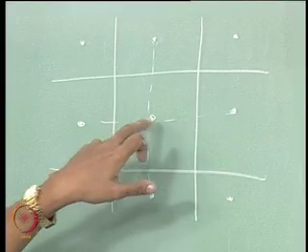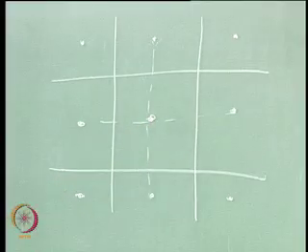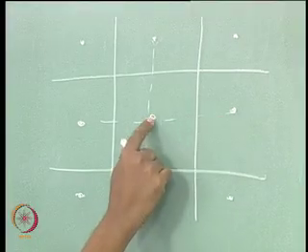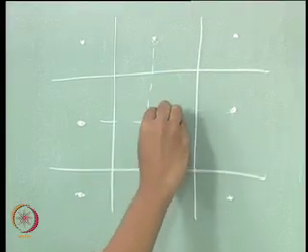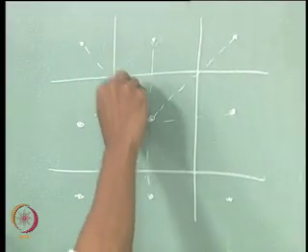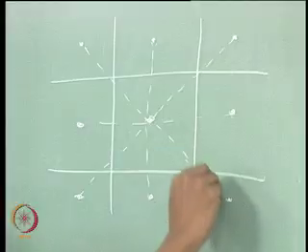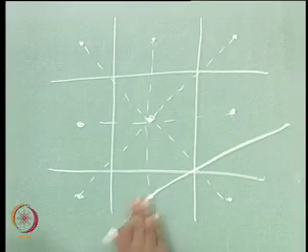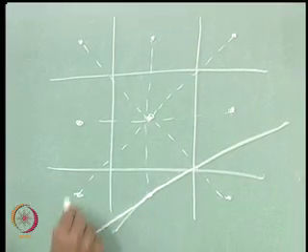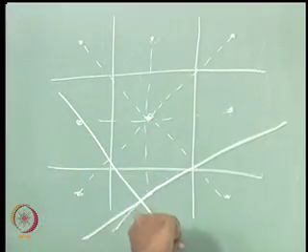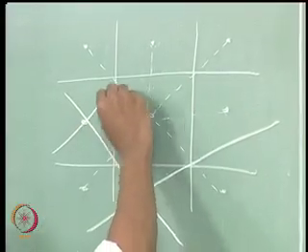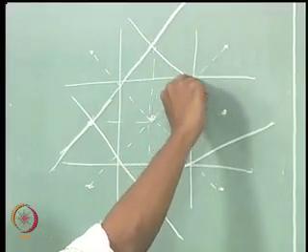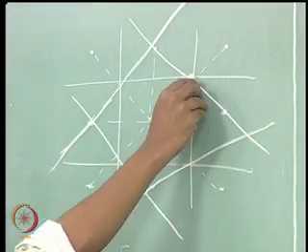If you designate this as the origin of your reciprocal space, then these lines, which are perpendicularly bisecting the lines joining this origin to its neighbors, if you draw it correctly, will all go through those points there.